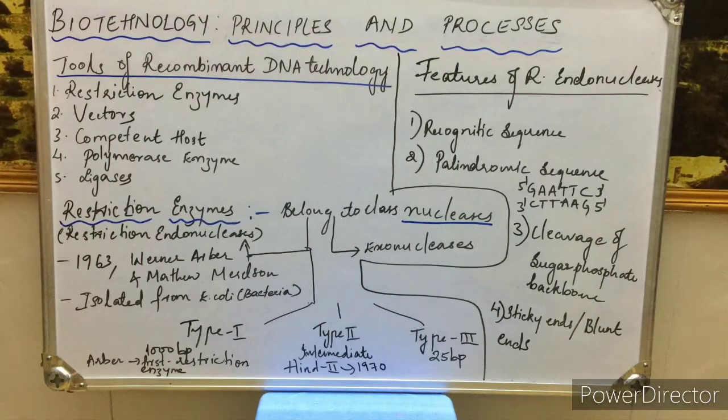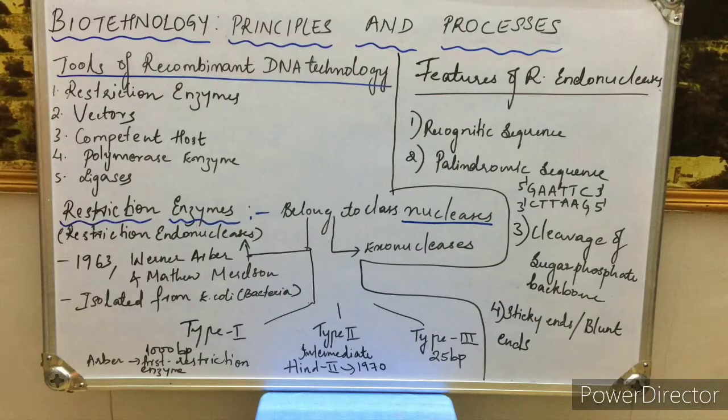We will be dealing with the recognition sequences as features of the restriction endonucleases. Let me tell you what the recognition sequences are. The restriction endonucleases are very specific in their function, right? They are going to recognize a particular sequence.